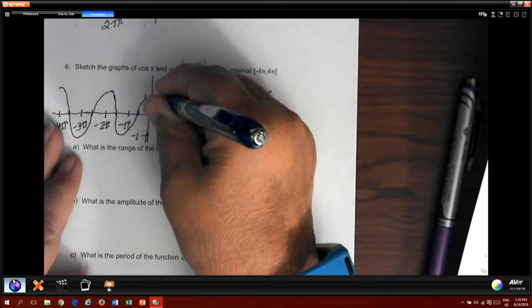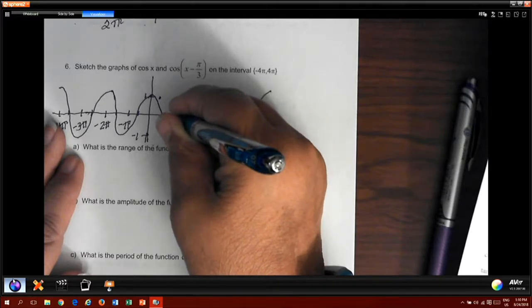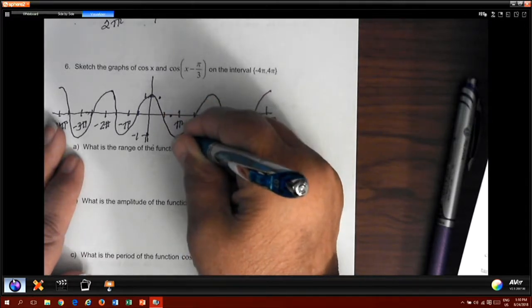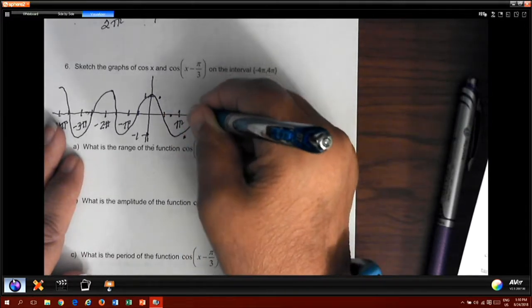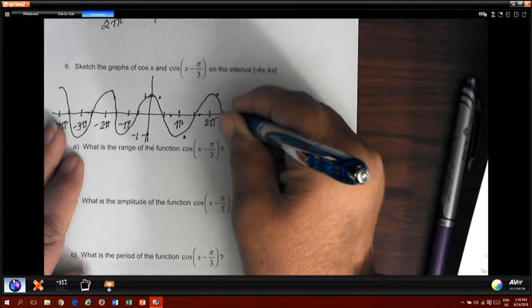So pi over 3 is about here, here, here, here, and so on.